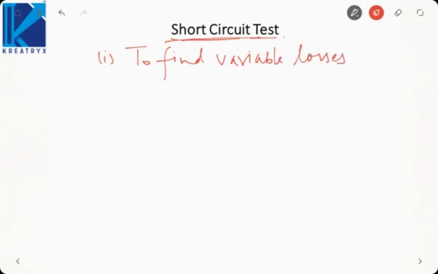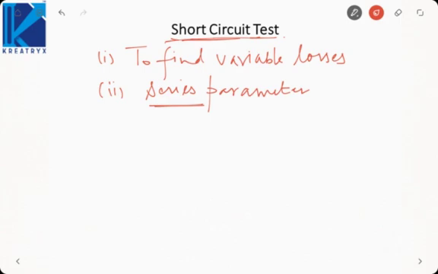In the case of open circuit test, we were determining constant losses. In short circuit test, we determine variable losses. Then we need to find series parameters, that is R01 and X01. So, these two objectives will be covered in the short circuit test.